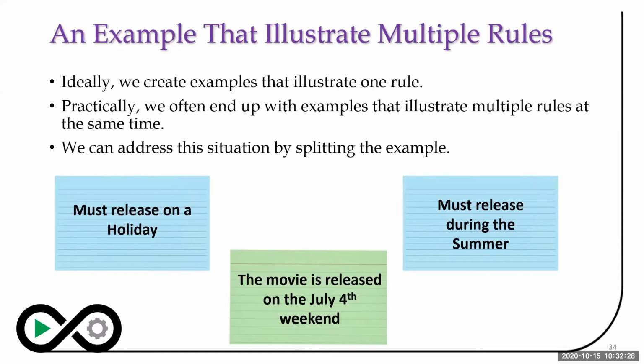And you would have a separate one, must release during the summer, with an example like is released during the month of July, is released during the month of August. And again, context for where you are in the world does matter. Summer in the Northern Hemisphere is different from summer in the Southern Hemisphere. Those sorts of things are important to keep in mind when we're talking about actual technical implementation.